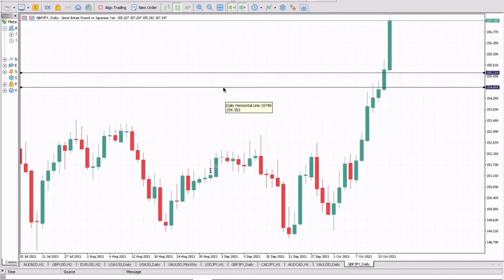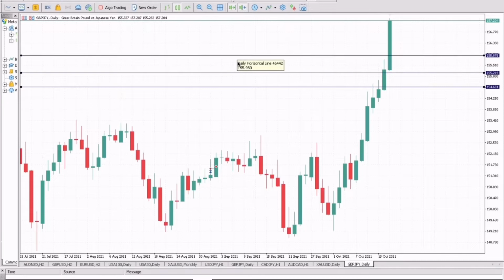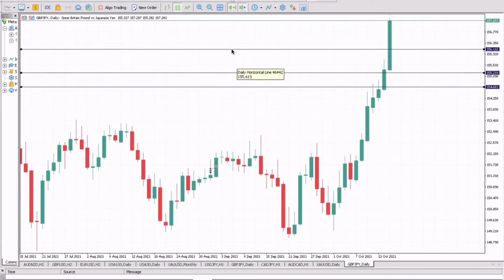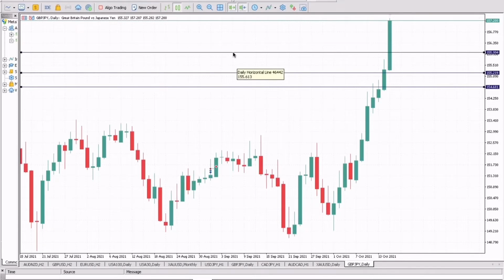Let's work with the average of what we can get. Okay, 68. Let's put it there. Now this is your S1, and your resistance would be 155.92.